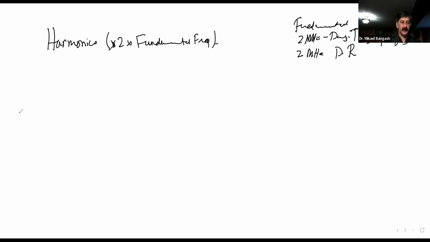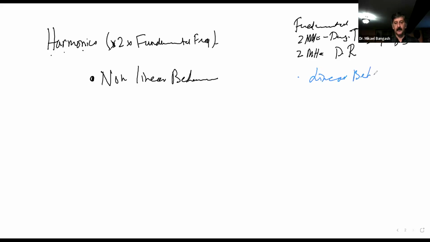Now, another characteristic, one that we're going to stick to a lot while describing what harmonics actually does, is that harmonics display what we call non-linear behavior. Whereas in fundamental imaging, we mainly have linear behavior.